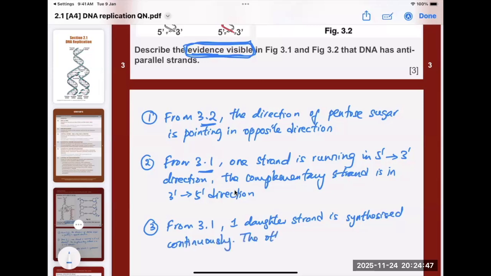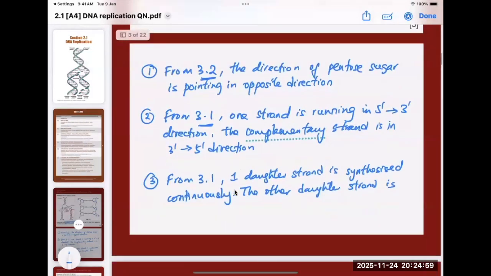The other daughter strand is synthesized discontinuously in the opposite direction.